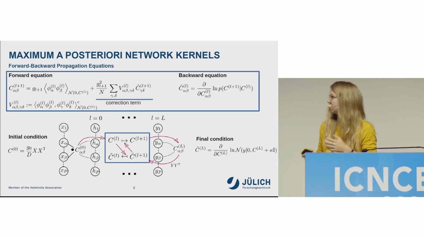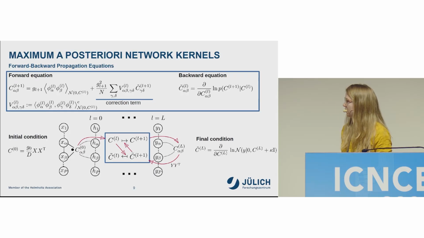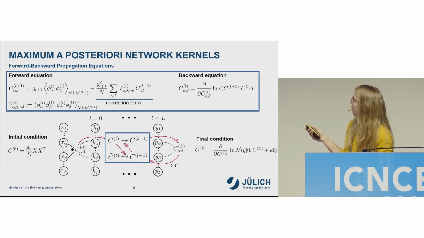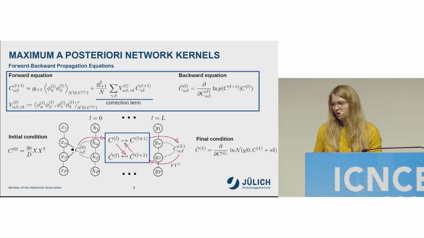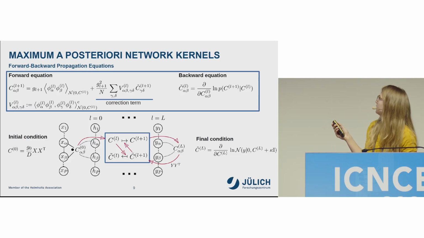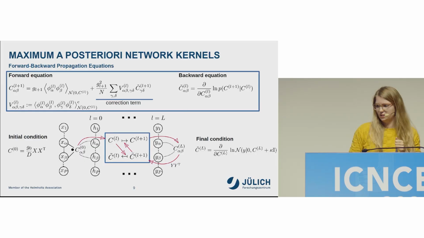And to put this in the same picture that we had for the NNGP, we again have the same initial condition of the input overlaps. Then this is being forward propagated now with a slightly different mapping here. And now in addition, we get a final condition that measures how the log likelihood of the labels under the kernel depends on this choice of the kernel.